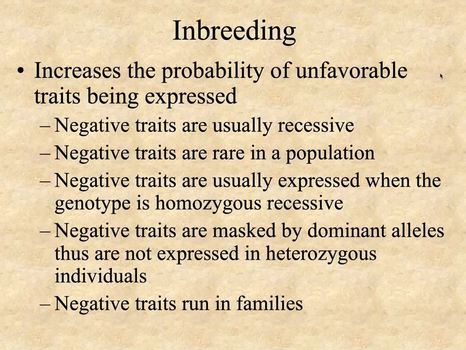If the individual is not homozygous recessive, the negative trait will be masked by a dominant allele. And negative traits run in families. And that's the problem with inbreeding, is you have individuals that are closely related, increasing the probability of a homozygous recessive individual that expresses the trait.